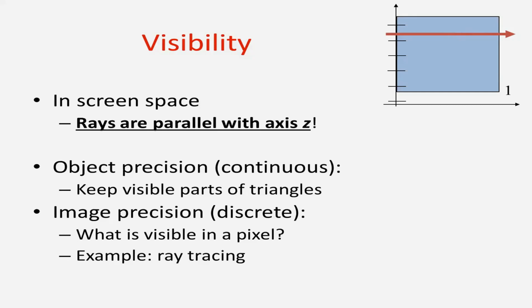There are many visibility algorithms. The literature classifies them as object space, also called object precision algorithms, and screen space, also called discrete or image precision algorithms. Object space visibility algorithms find visible portions of the triangles or polygons in the form of triangles or polygons independently of the resolution of the image.